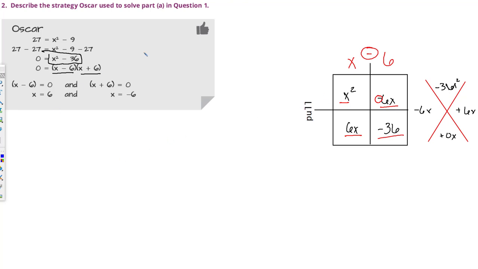What can be brought out of both x squared and negative 6x? What can be brought out of both 6x and negative 36? 6. And it is positive this time because the one closest is positive. And so that's where he came up with these two factors, x minus 6 and x plus 6.